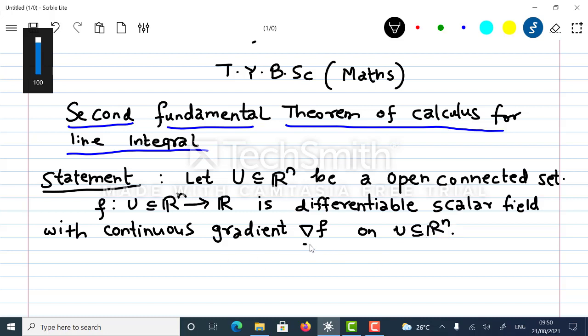Well, this grad f means, I hope we all know what grad is. It is dou by dou x1, comma dou by dou x2, dot dot dot dou by dou xn. I'll write that a little later.